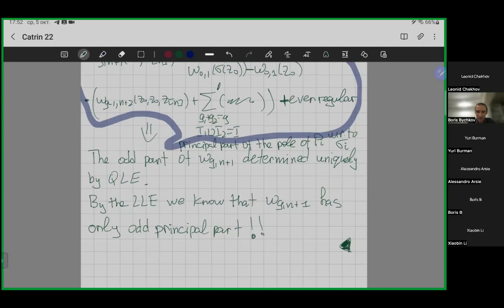So okay, I think it's the time to ask maybe some questions, because now I want to switch to the Fock space formalism and to generalize a little my Hurwitz numbers.